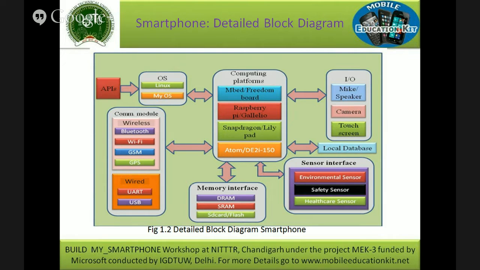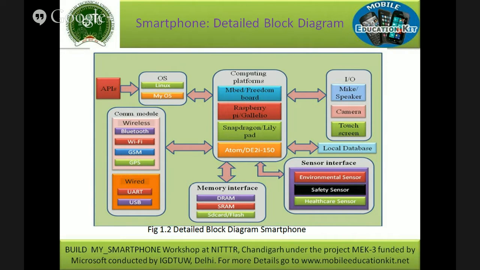After having done the computational platform selection, now I need to choose the IOs. So what IOs do I need to have? In the smartphone segment we have a mic, speaker, camera, and touch screen. These are some of the basic input output IOs I need to have. So we have incorporated all of them in our smartphone device.